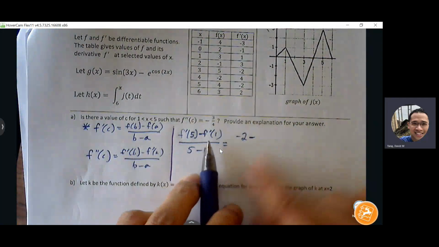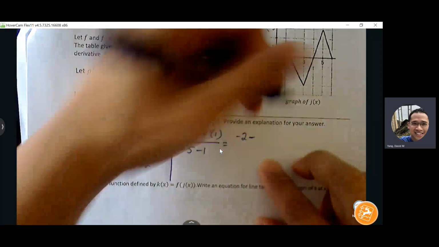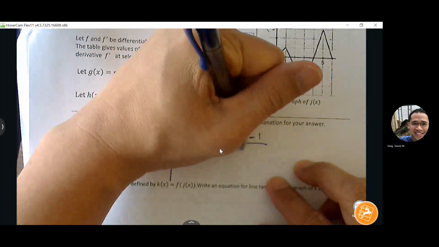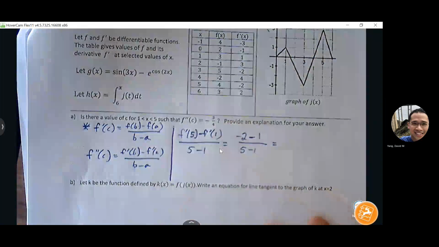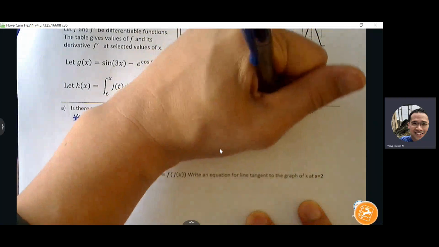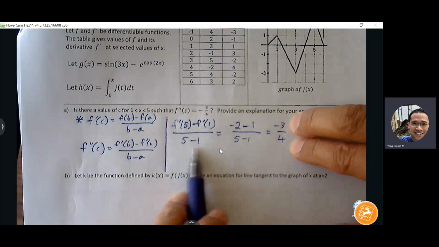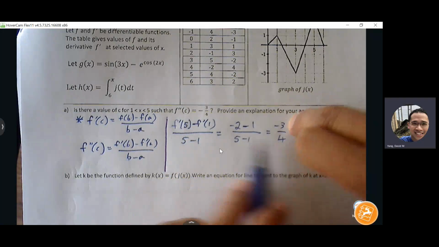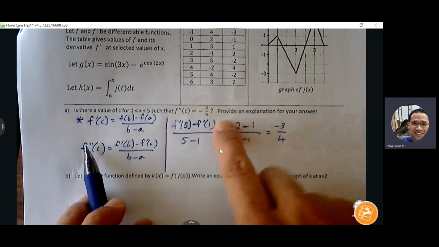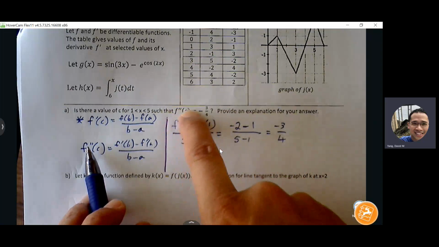And what's f prime of 1? F prime of 1 is 1. What's that equal to? -3/4. So this is basically showing that, because there is an average rate of change of -3/4, by mean value theorem, there must be an exact value of -3/4 somewhere along this f double prime or f prime graph.